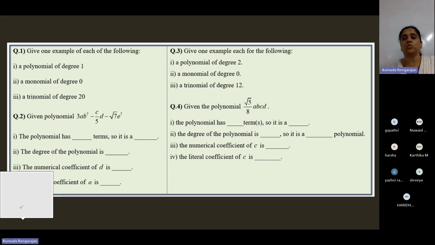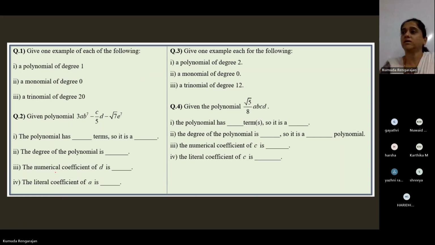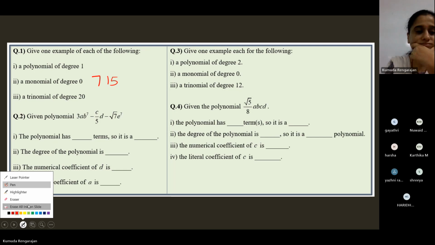Monomial of degree 0. 715. Monomial of degree 0. 5, miss. Just 5.